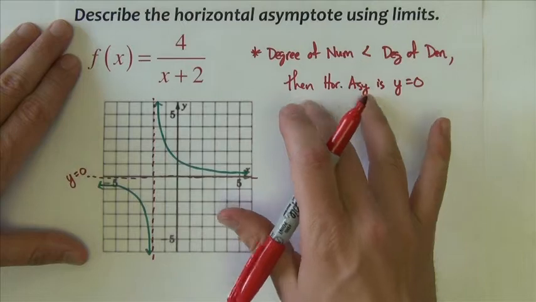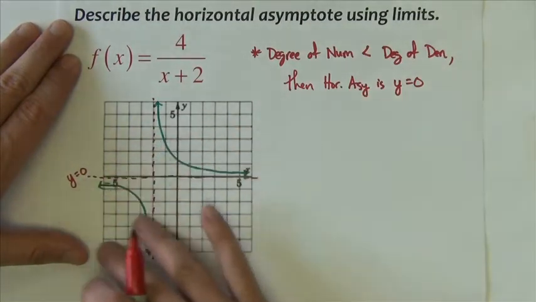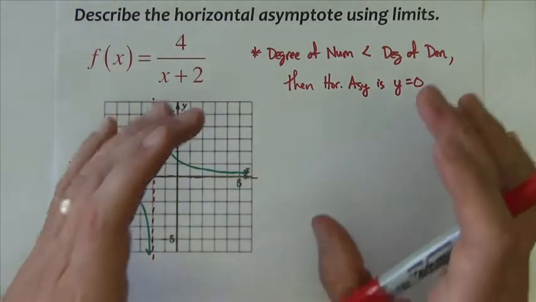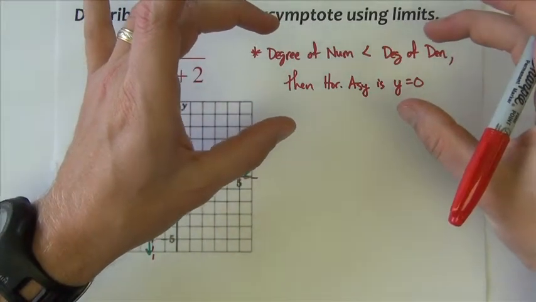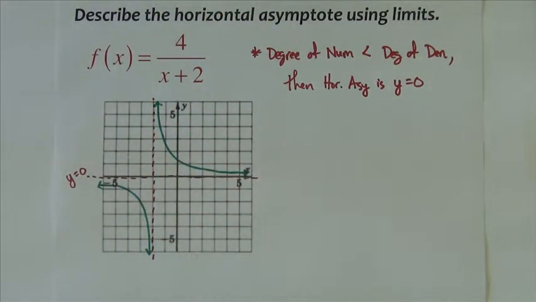And if I remembered that, I wouldn't really have to do this at all. I wouldn't really have to show the graph. I'm just showing the graph to combine the knowledge of this up here with a visual picture of this so we can understand the limit a little bit better.